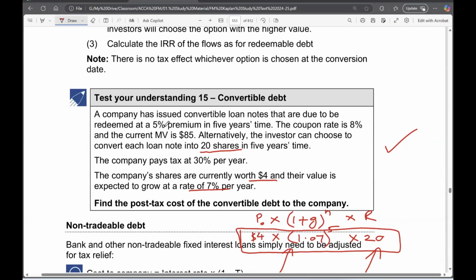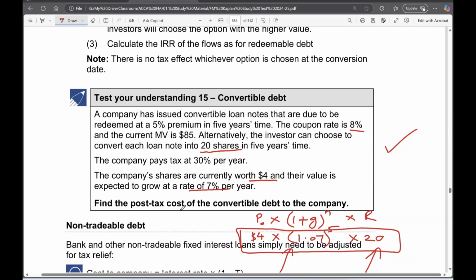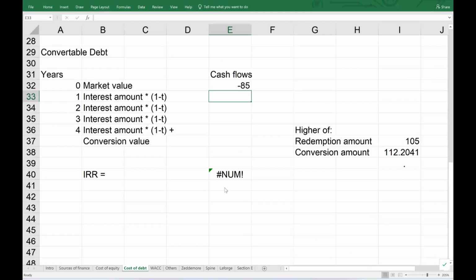Interest: coupon rate is 8% into 100. So $8. Don't forget, because what we are going to find is the cost of debt, the post-tax one. So don't forget to do 1 minus T. So 8% and tax rate is 30%.